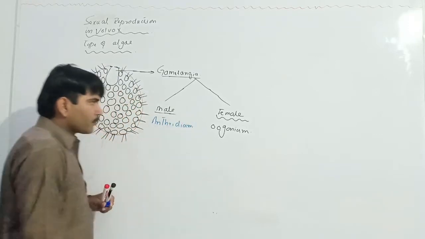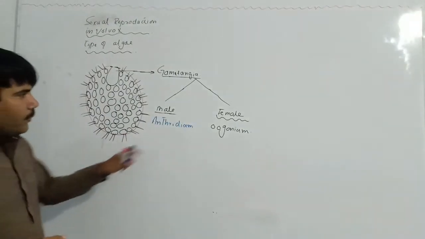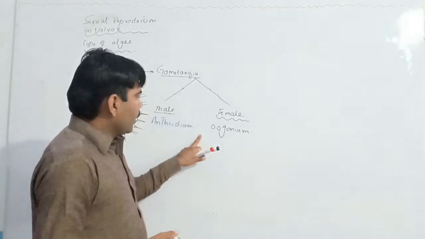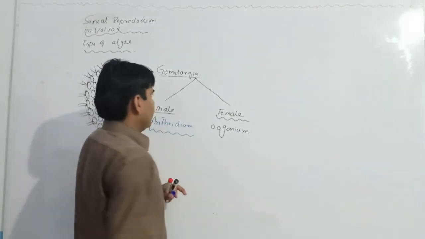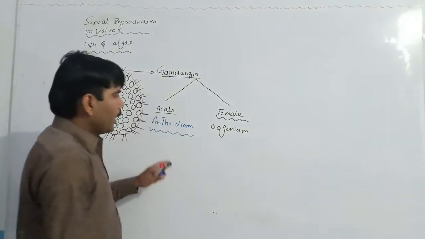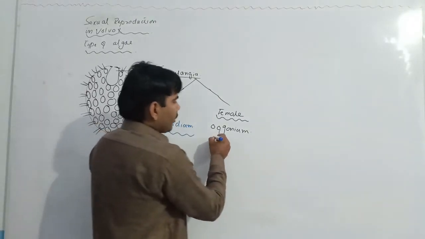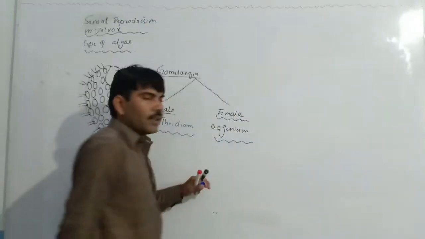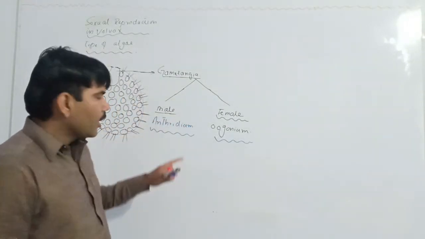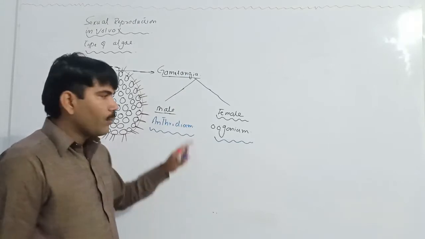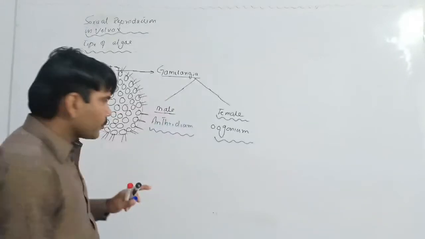So firstly we will try to discuss about the male Gametangia, and after that we will discuss about the female Gametangia. Firstly we will discuss the Antheridium and how these Antheridia are formed in the Gametangia.